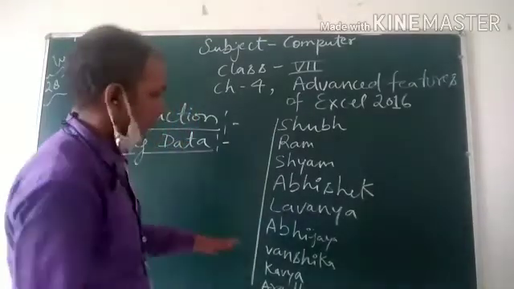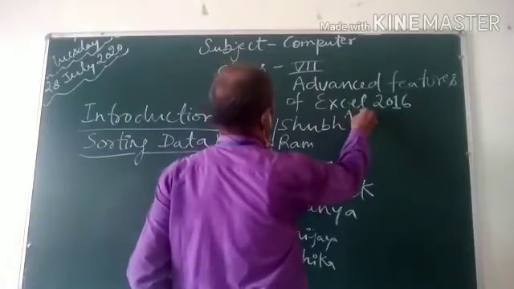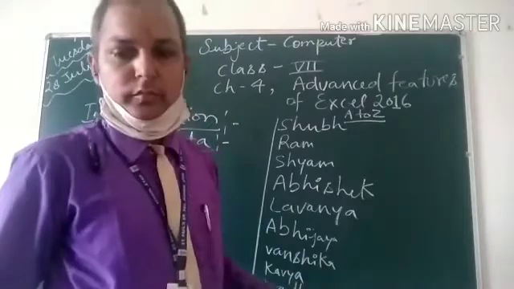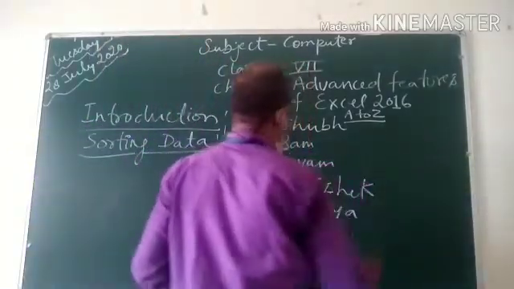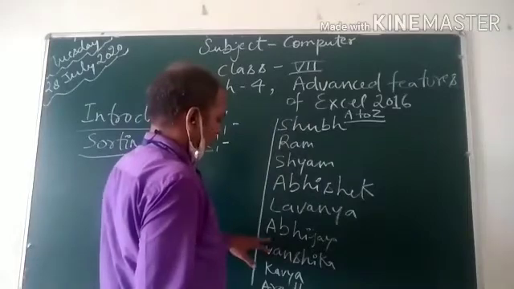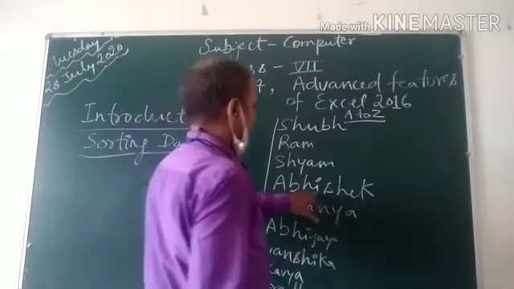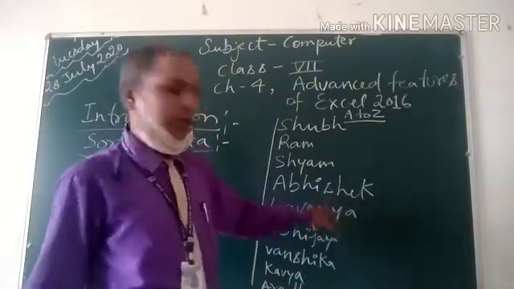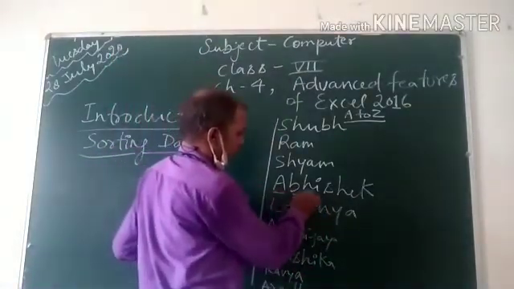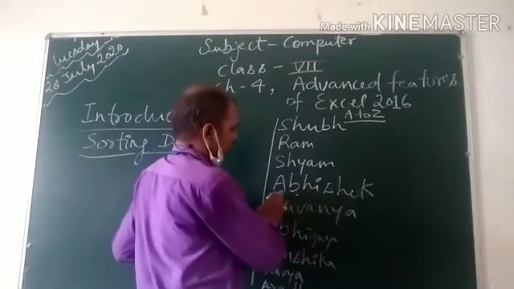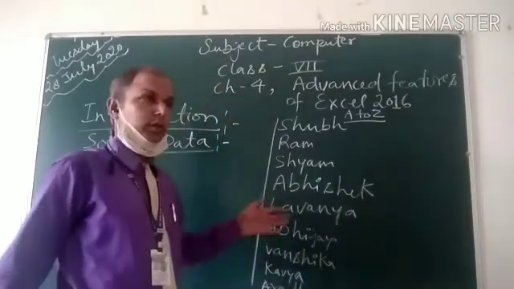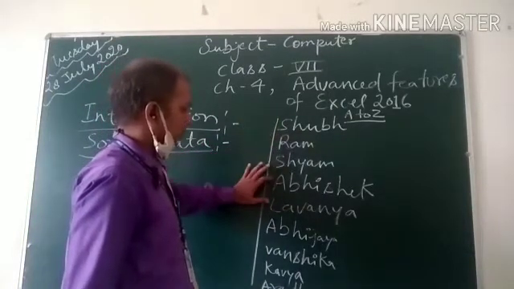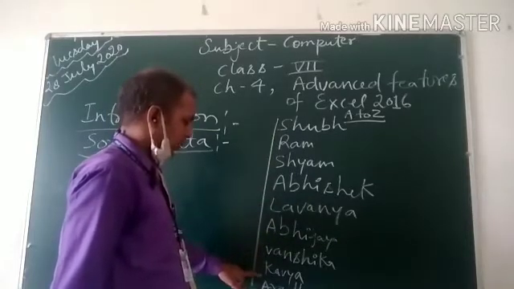We want to sort them in order, just like A to Z. First we will start from Abhijay: A, B, H, I, then S and J. J comes before S. Let me say it again: Shubh, Ram, Shyam, Abhishek, Lavanya, Abhijay, Vansika, Kavya, Aradhya.